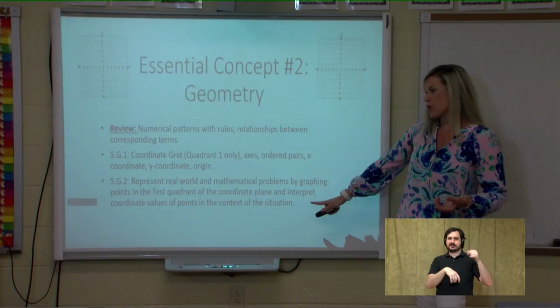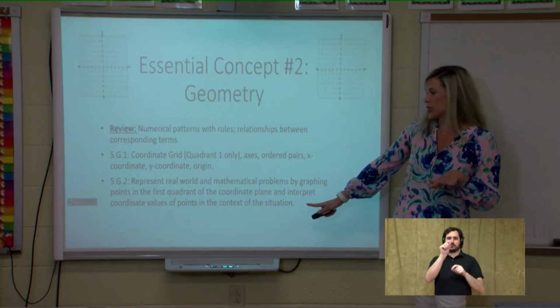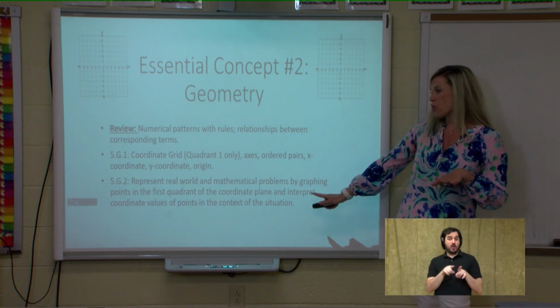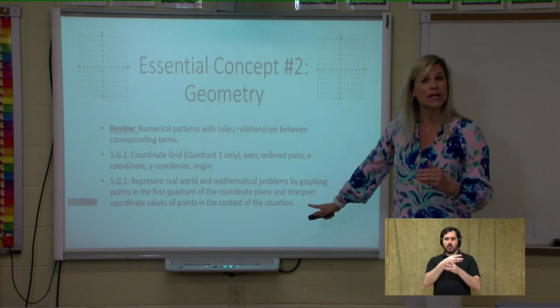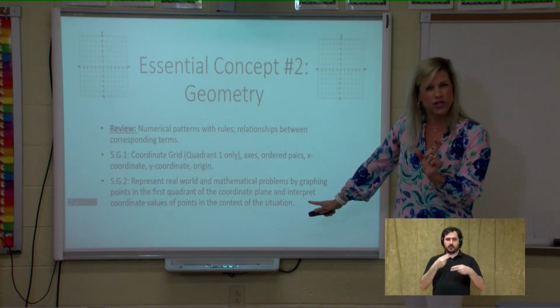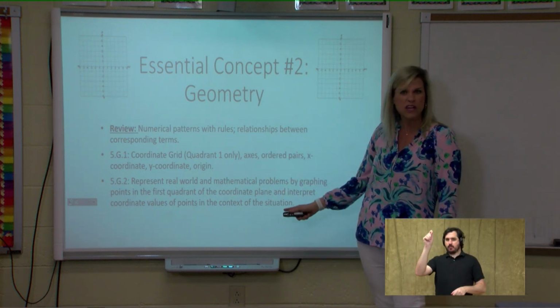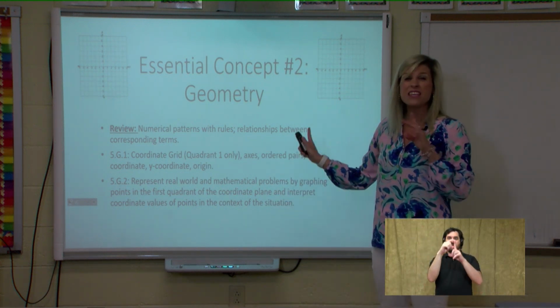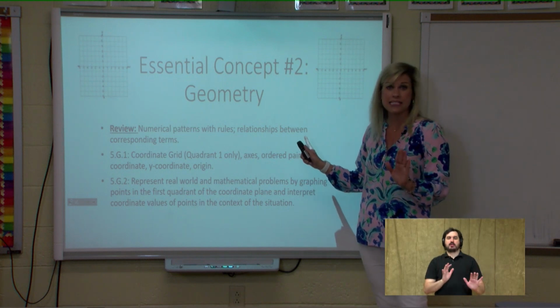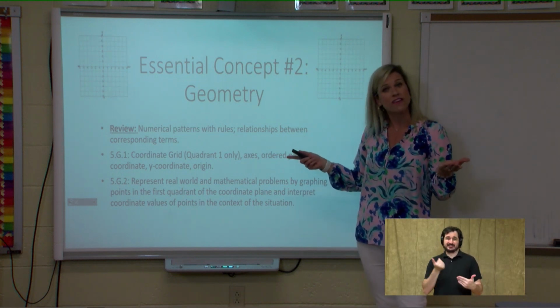And then we're also going to possibly get into representing real-world and mathematical problems by graphing points in that first quadrant. I know this is a lot of words and may not make a lot of sense right now, but you'll see in just a few minutes that this is really one of the easiest and more fun things that I teach in 5th grade.